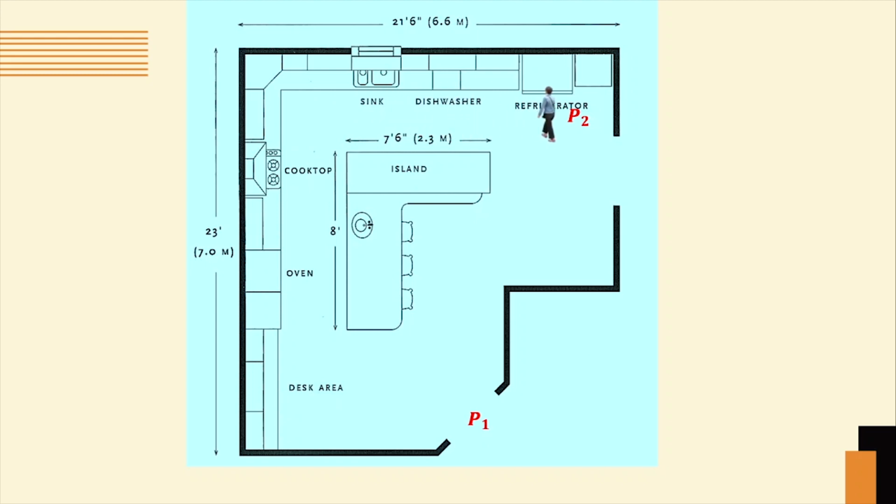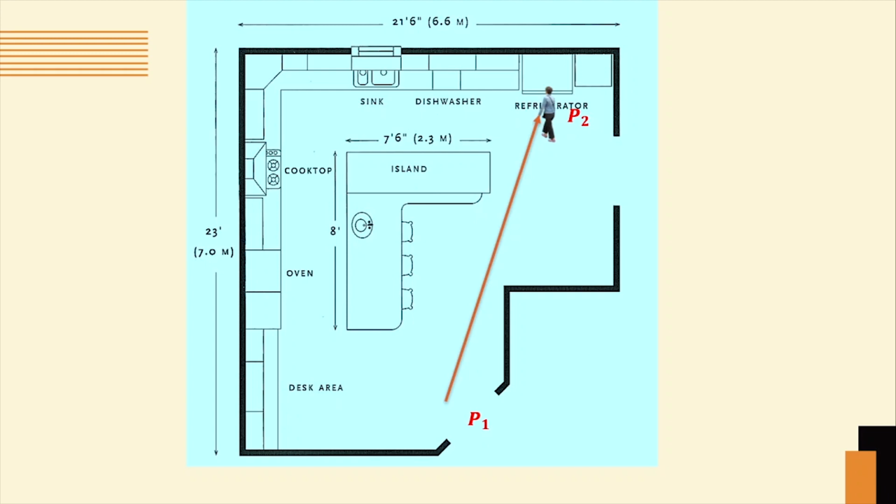If you are asked about your displacement between P1 and P2, then you have to measure the shortest directed distance between these two positions. To illustrate, it will be a line with an arrow, which also indicates your direction. This is your displacement, which is a vector quantity. Its magnitude is the shortest distance between positions 1 and 2.